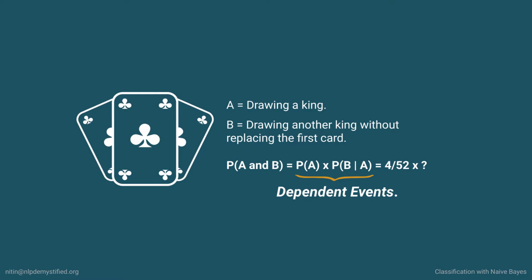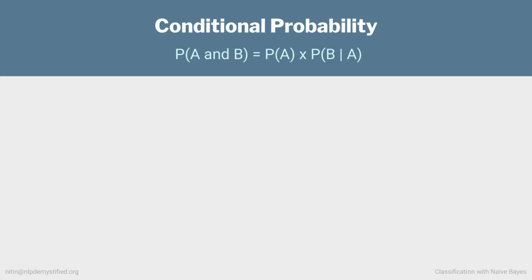Each draw affects the probability of the next event. In this case, since we already drew a king, the probability of drawing another king is now 3/51. So B in this case is conditioned on A, and they're dependent events. So that's the formula for conditional probability.